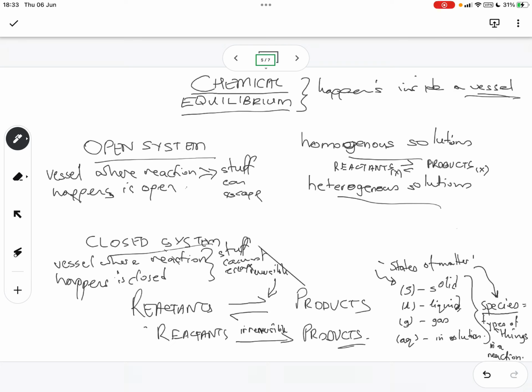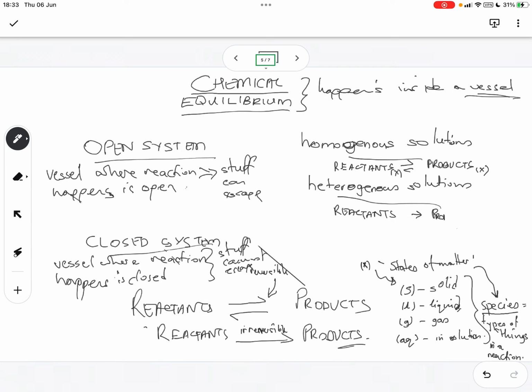So I'll just put an X there and an X there. And that refers to the states of matter, right? So the X could be solids, or liquids, all of them. It could be gas, all of them. It could be aqueous, and oftentimes it's aqueous.